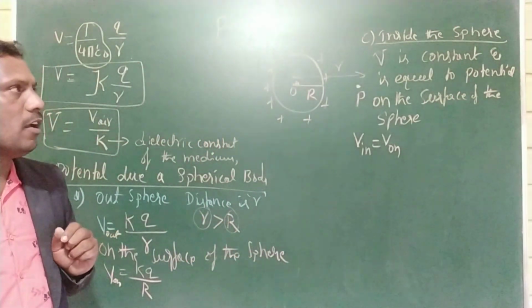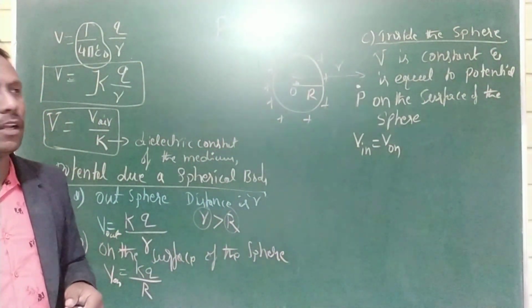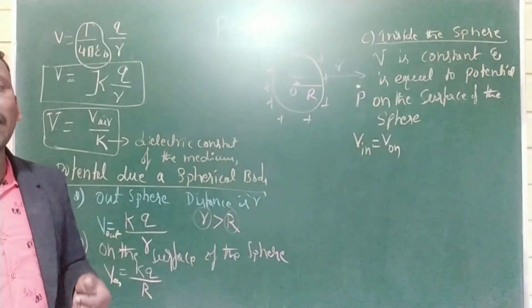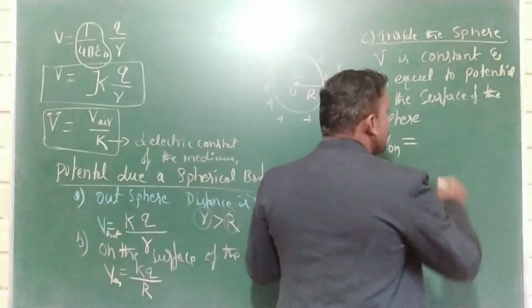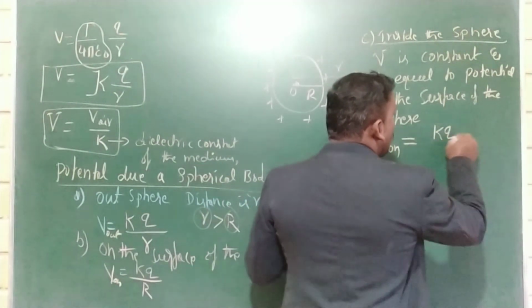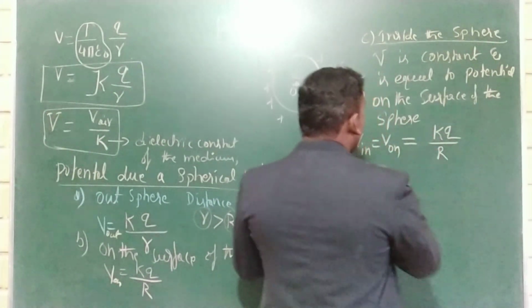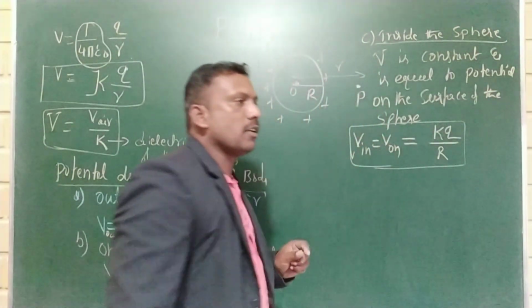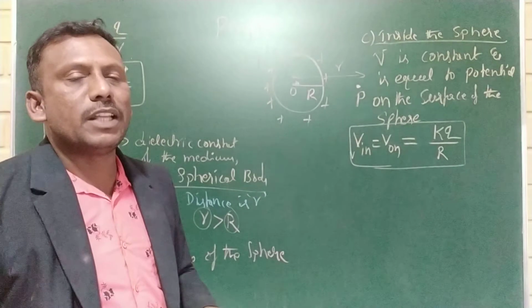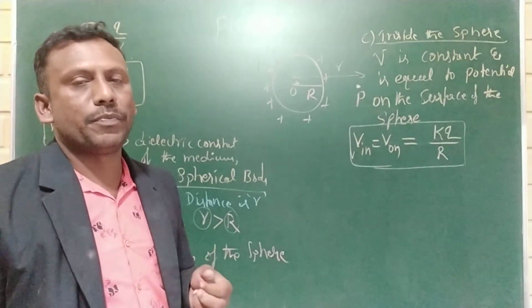V in is the potential inside the sphere and V on is the potential on the surface, which is equal to KQ divided by capital R, because inside the sphere there are no charges.